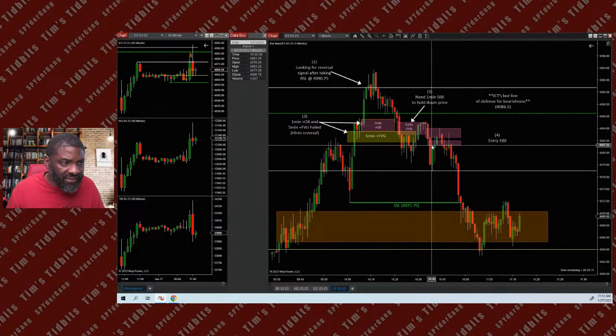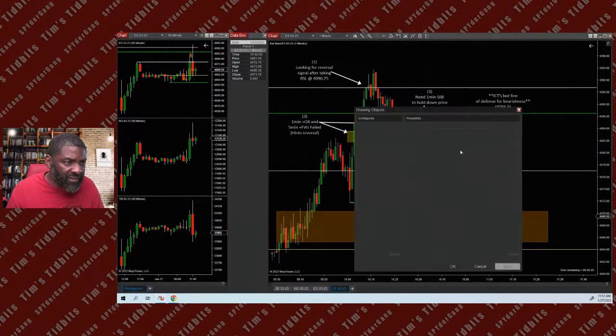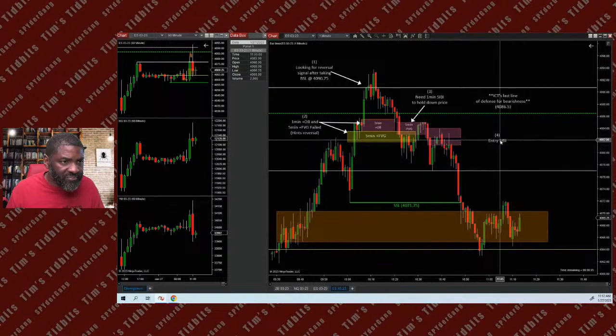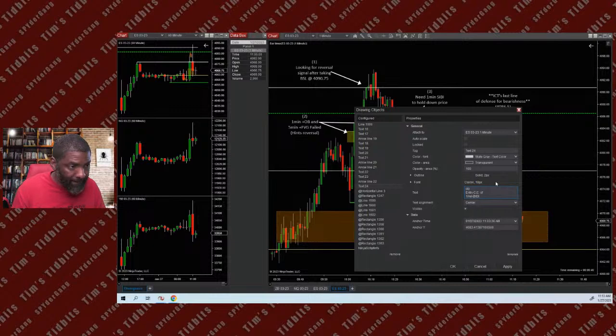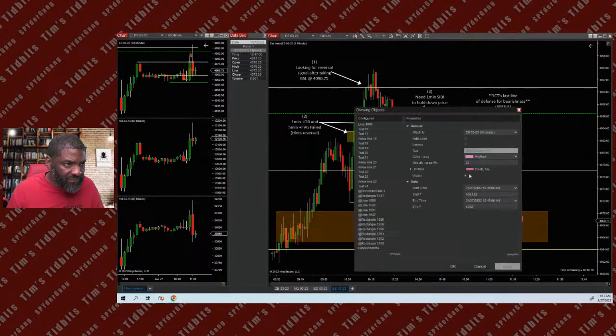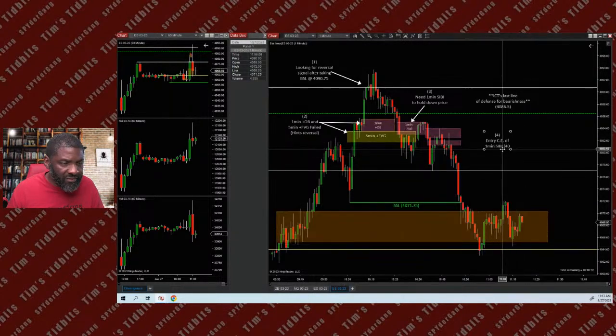You can do it at the touch, at the top, however you like to do it, but I like doing mine at consequent encroachment. For the 80150.